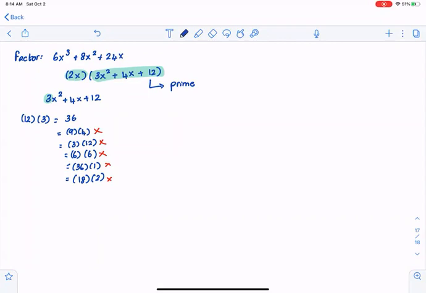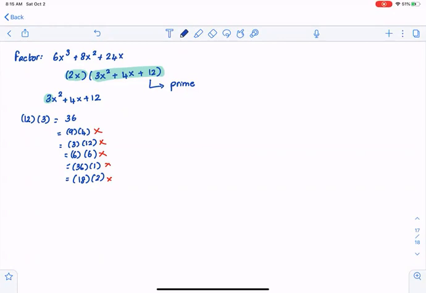Now there is another case where you can factor stuff, but you can't do it via grouping. That is different from saying something that is prime. So in this case, you can't factor at all directly using real numbers. So the factor 3x squared plus 4x plus 12 is prime, and we would leave it as is.